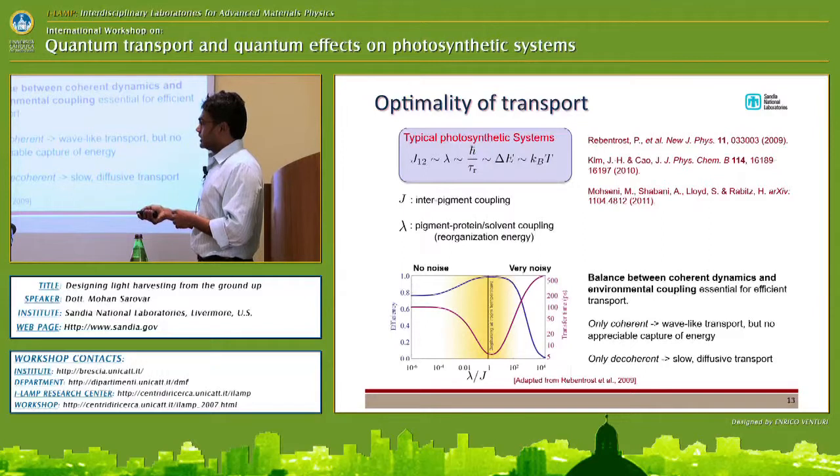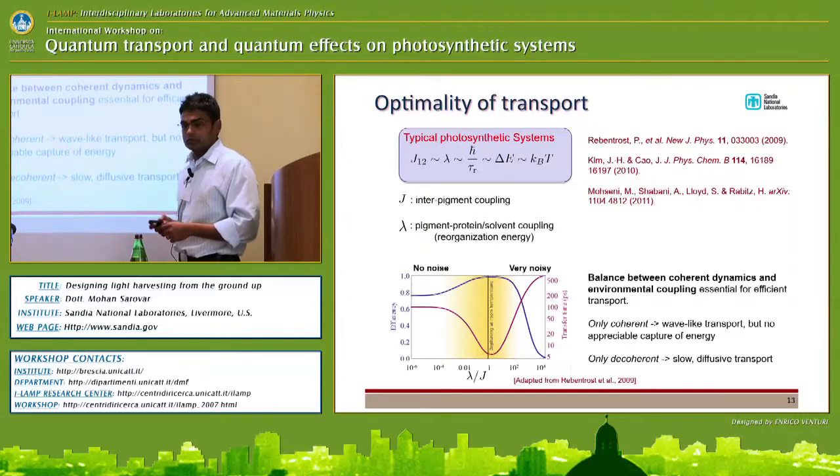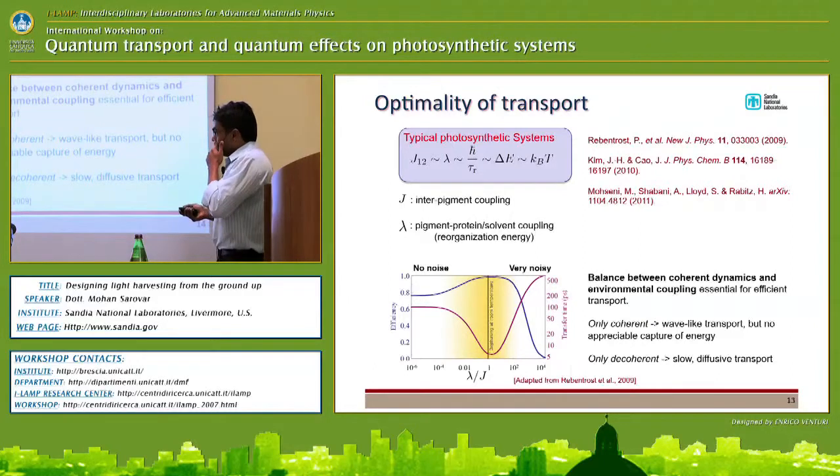And you see that at the very small coupling, you have some efficiency, but not unit efficiency. And at very large coupling to the environment, you have very small efficiency, right? And somewhere in the middle, though, it goes through a maximum, right? And this maximum is about where these two timescales are comparable. So again, this is just underscoring the point that the balance between the coherence dynamics and the environmental coupling is important.